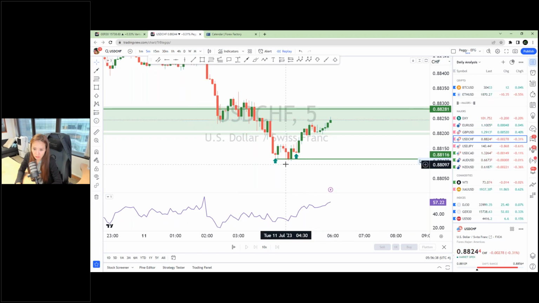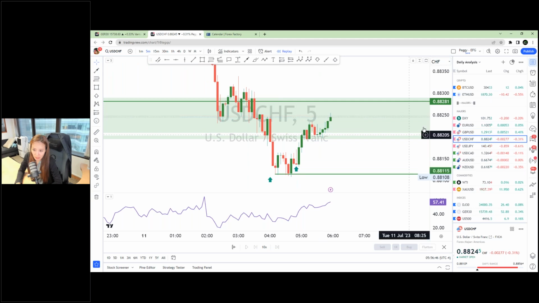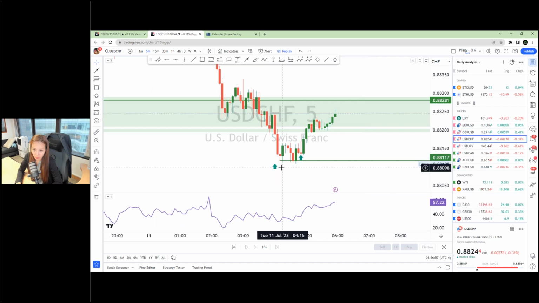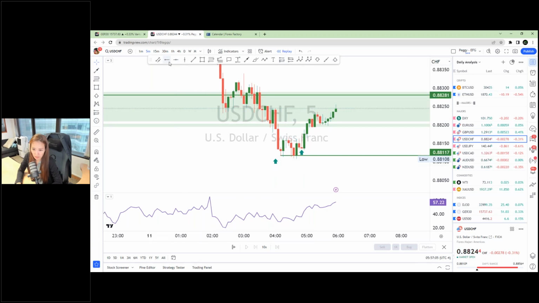If you draw the line like this at the wick, you know that price could not go through it. Let's say you want to play a bigger lot. Usually if I want to put a bigger lot, my entry is here, and then my SL is just below this wick, which is very tight.